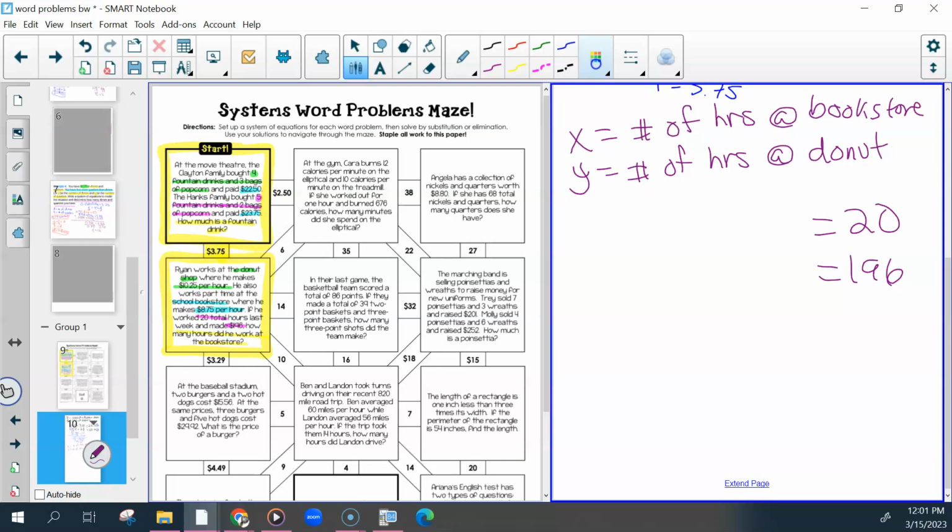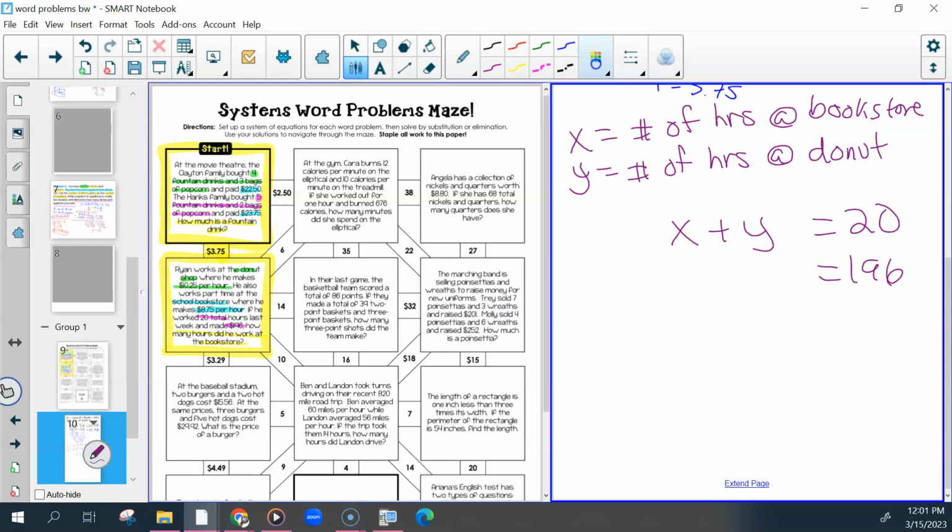Anyone who wants to take a guess as to how we would do one of those equations? x plus y equals 20.